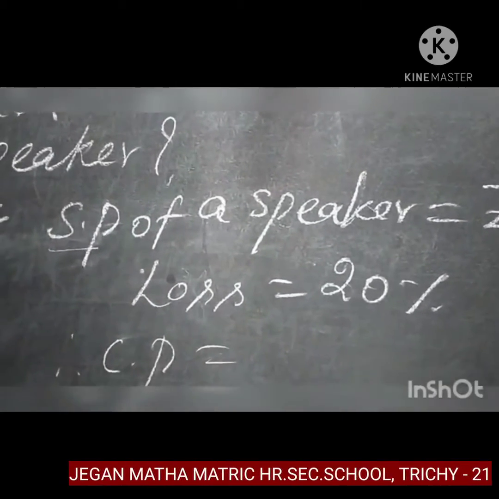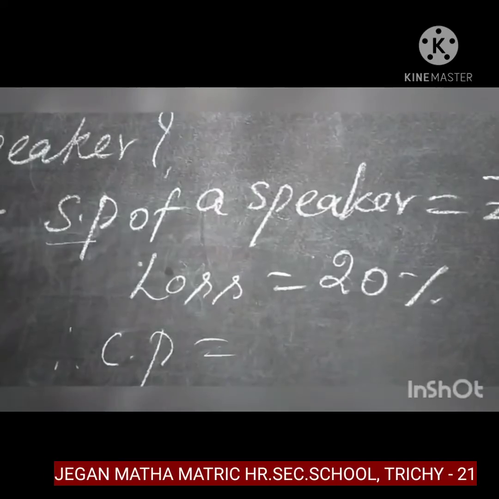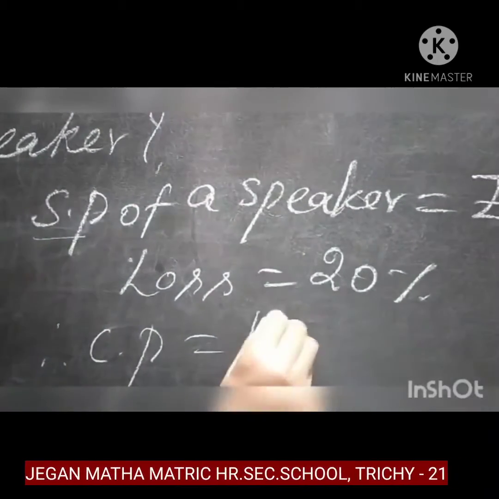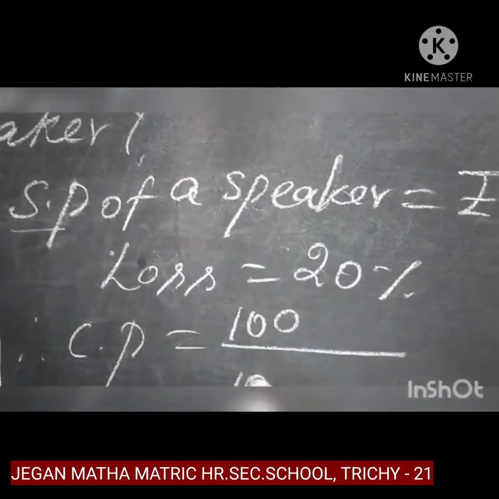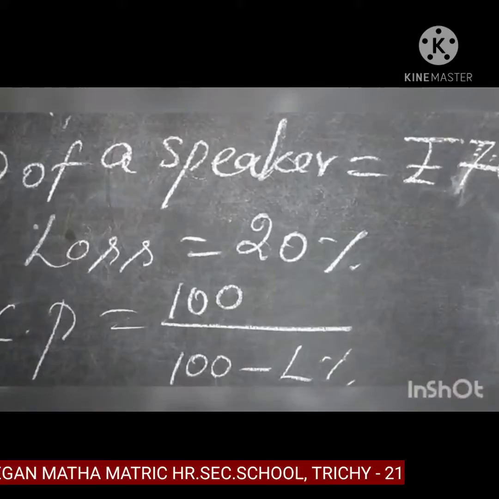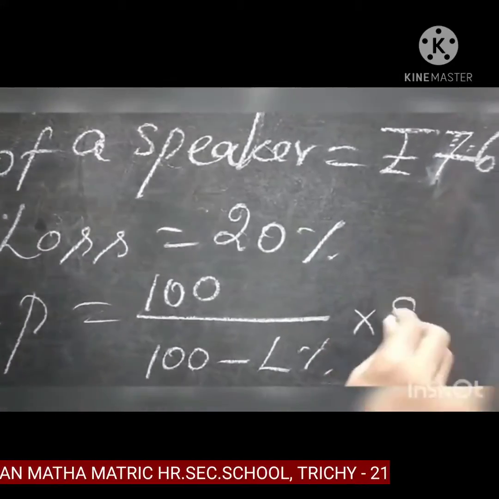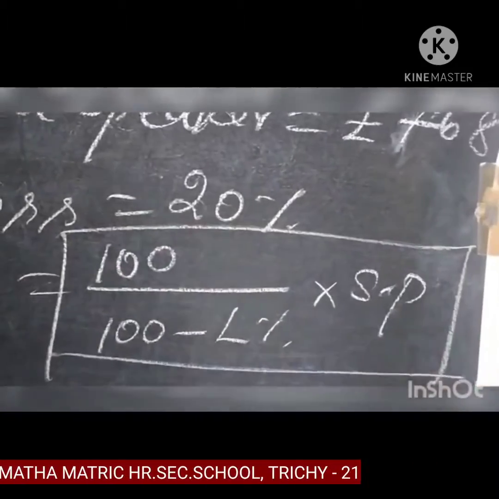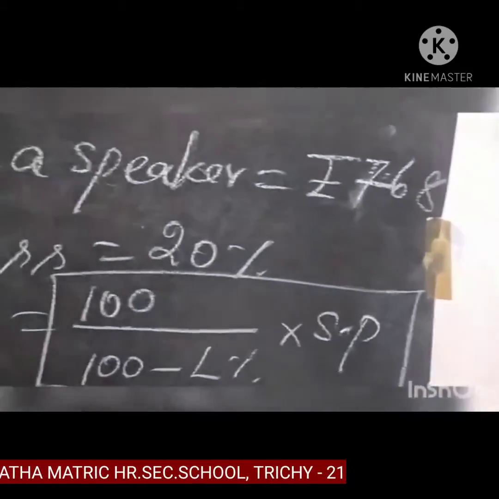You can use the formula for finding CP instead of loss. The formula is 100 divided by 100 minus loss percentage, into SP. By using this formula you apply the values and find the CP.